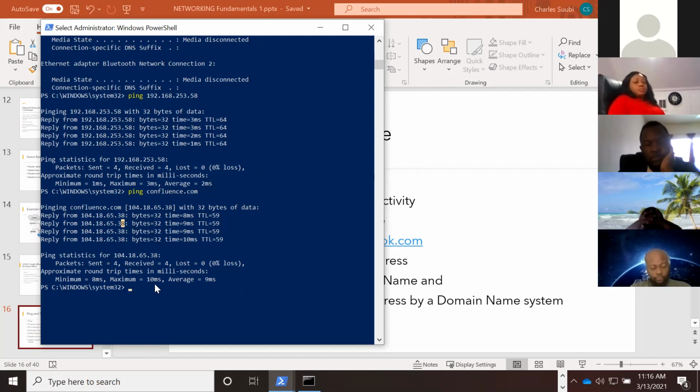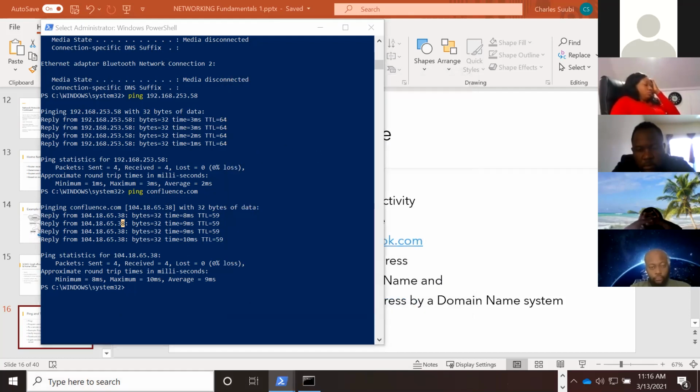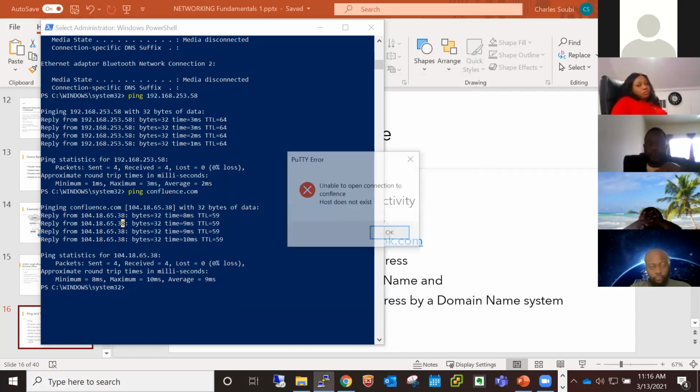Actually, let me see. Is this my confluence.com? That doesn't look like my confluence.com. Guys, just give me a moment. Let me go to PuTTY. Actually, the Confluence that I pinged was the main Confluence server on the internet, not my Confluence in my environment. Just a moment. There's a concept that I need us to see.